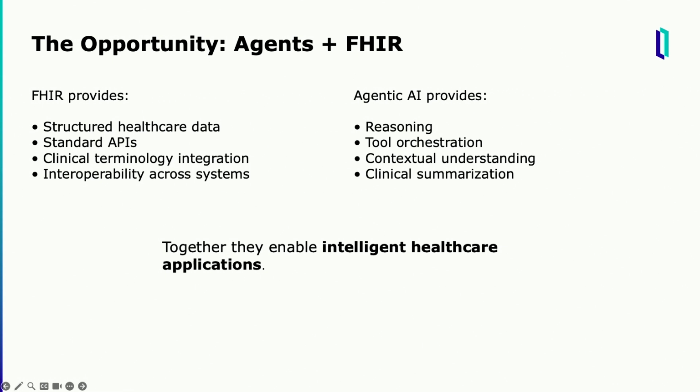Put together, you get a system that can translate a natural language request into structured retrieval, meaningful interpretation, and an output that's useful to a human. So FHIR is the data layer. The agent is the reasoning and execution layer.